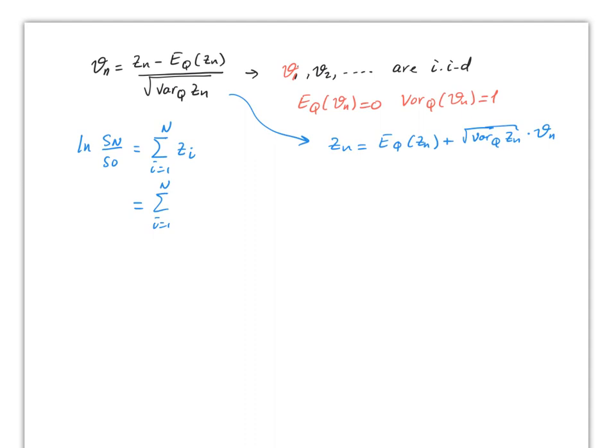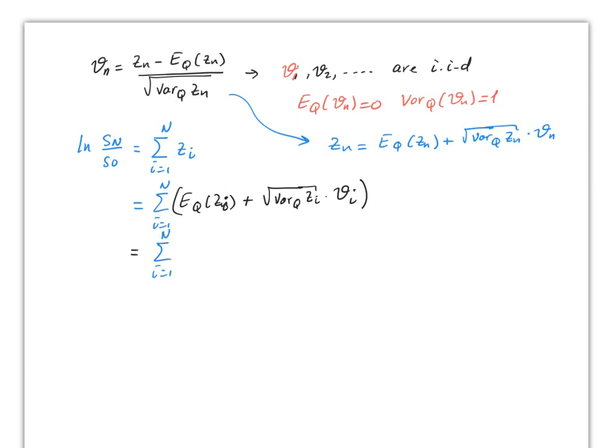Therefore, this is going to be the sum of the expected value of Zi plus the square root of the variance with respect to q of Zi times epsilon i, right? So the sum of all of this.